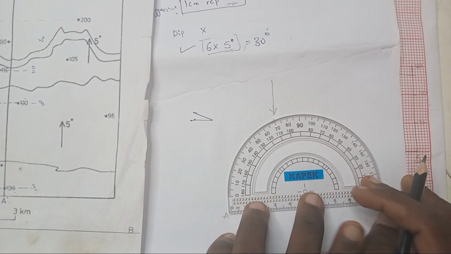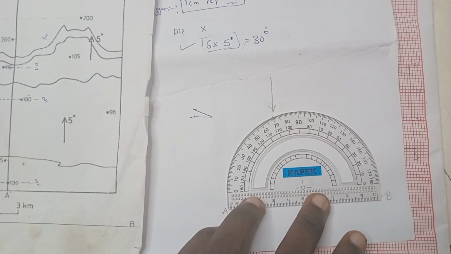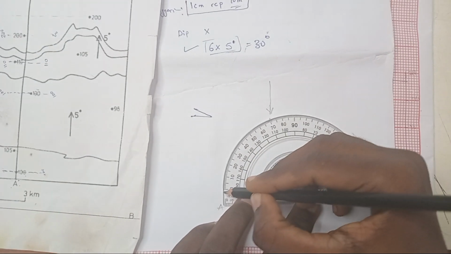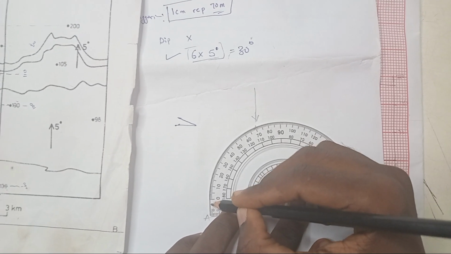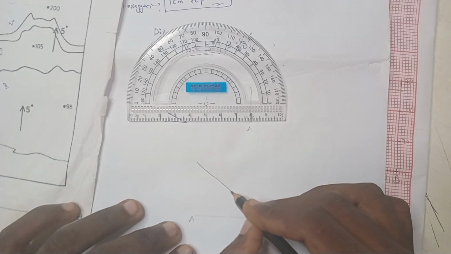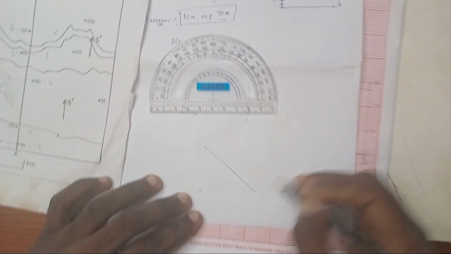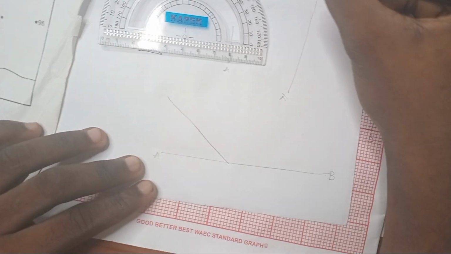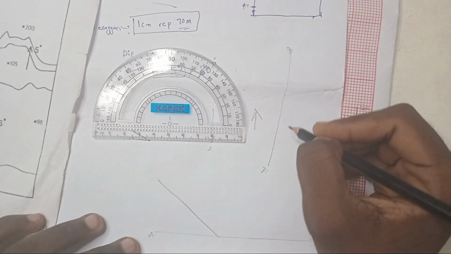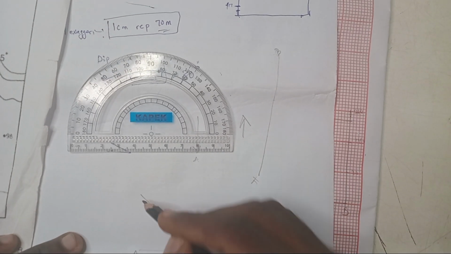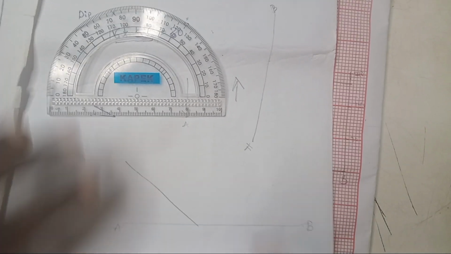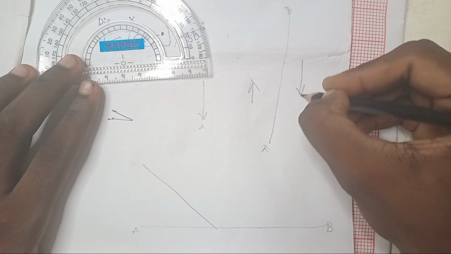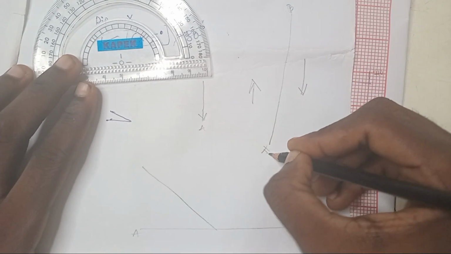So if it's dipping towards B, you're going to start from here. So your angles must always start from this 0 to this 90. Because it's the inclination, the dip angle must be towards, this is what it means by towards B. So if you have this line like this on your map, A, B, and the arrows are like this, the angle you are going to draw must be in this kind of angle. But if you have something like this, and the angle is facing towards A, the A part of your cross-sectional line, it must dip.